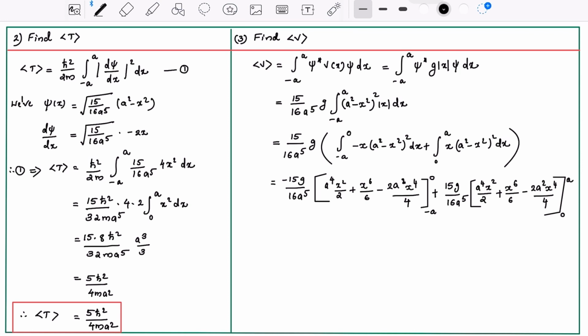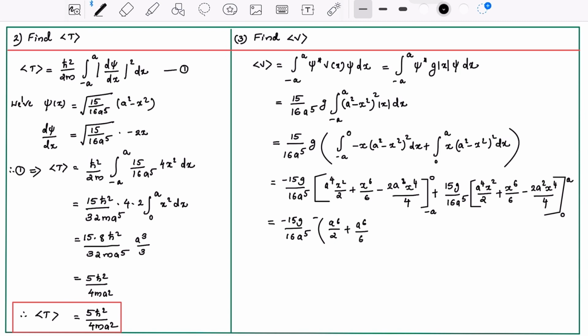In the first integral, there is a negative sign outside and the limit is from minus a to 0. So it becomes minus 15 g by 16 a raised to 5. Now let us apply the limit. When you apply the limit, the first term becomes 0, so there is a negative sign.